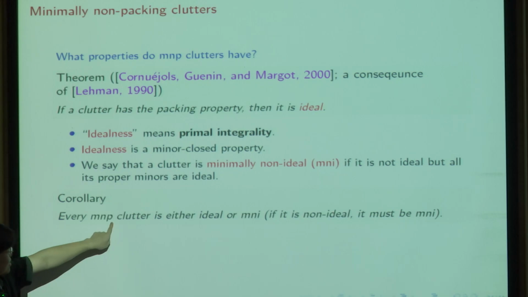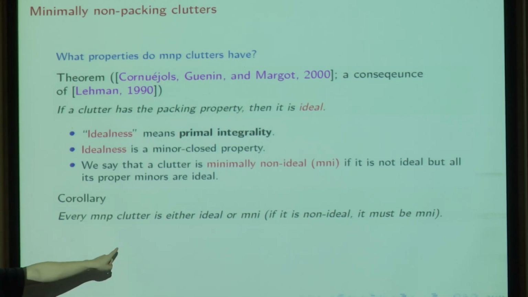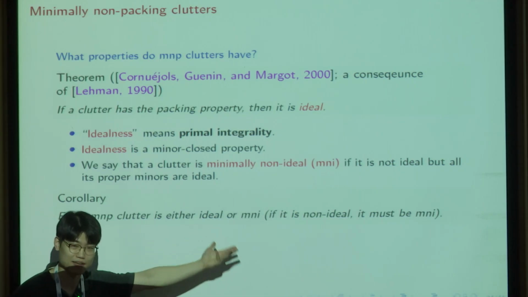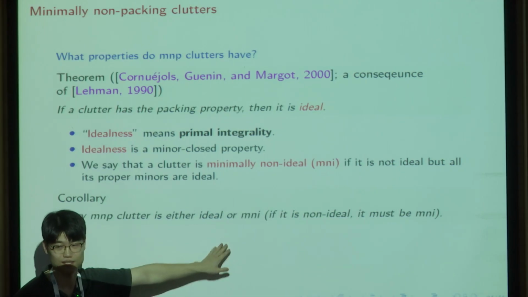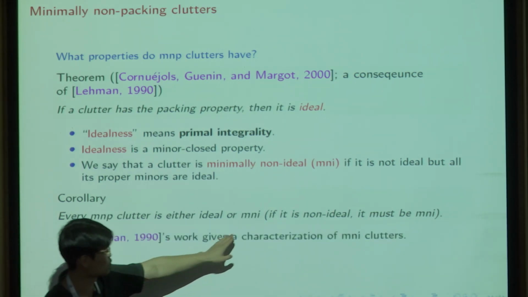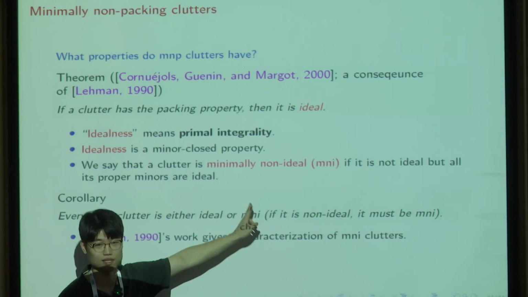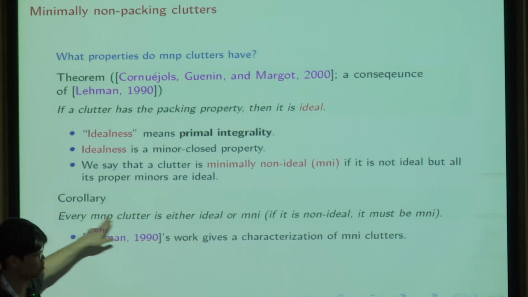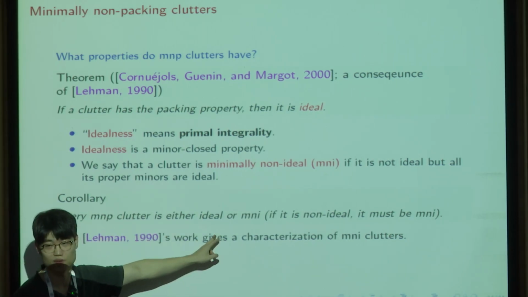So if you take a clutter that is almost having the packing property, then it is almost having the idealness property. That's what it means. We have a nice characterization of minimally non-ideal clutters, so we understand the second class fairly well. What about understanding the first class, minimally non-packing where the outcome is ideal?